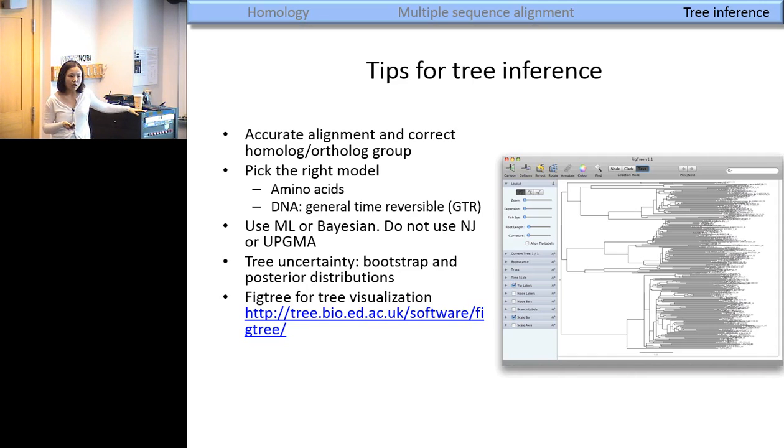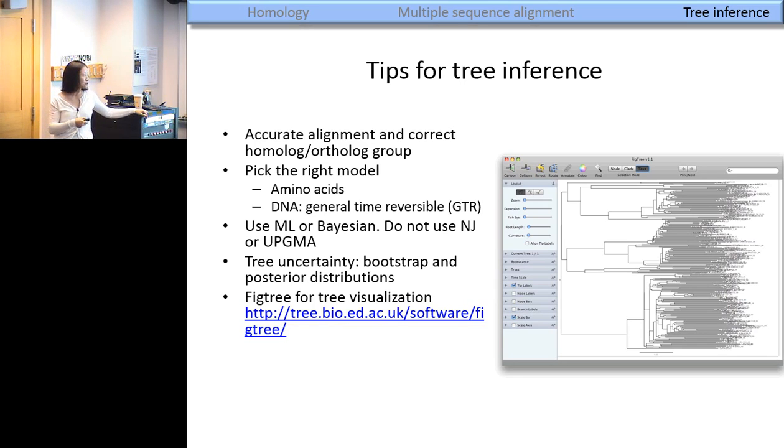But it's not a measurement of how much confidence you put in your tree. It's a measurement of the consistency of your data. So if you have your whole genome, your bootstrap is always going to be 100% because your data is super consistent. It doesn't mean your tree is correct. You might specify the wrong model, but get 100% bootstrap all the time. So the interpretation of the numbers on your tree is very important.